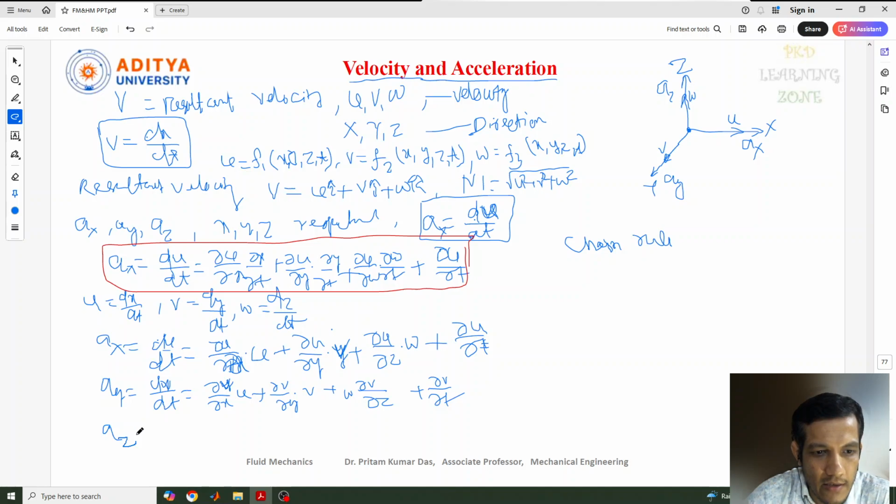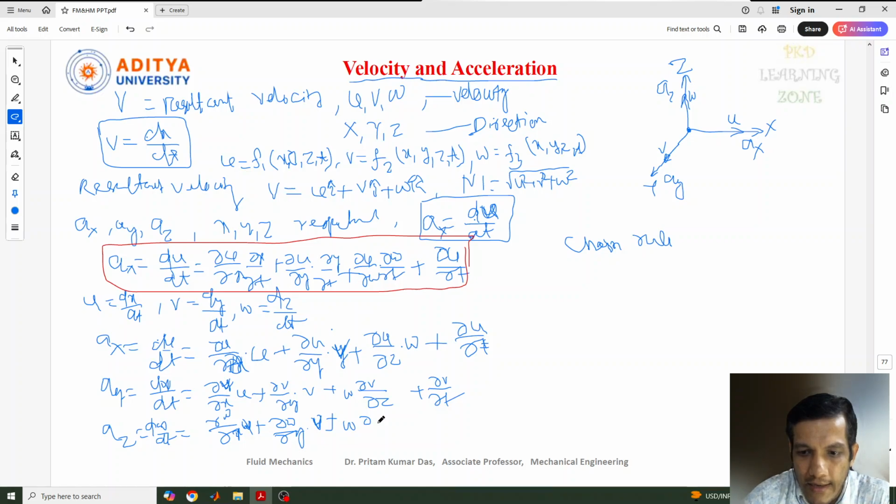Similarly, we can write dw by dt equal to del w by del x into u, plus del w by del y into v, plus del w by del z into w, plus del w by del t.